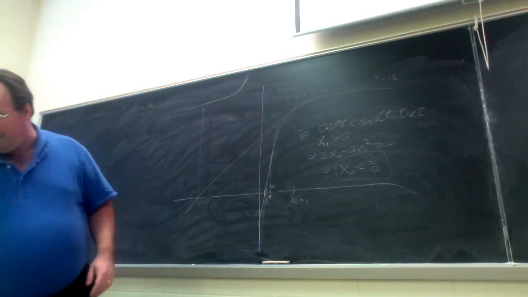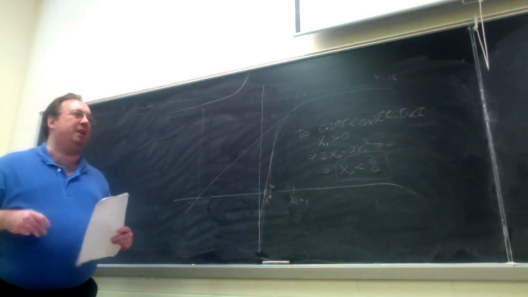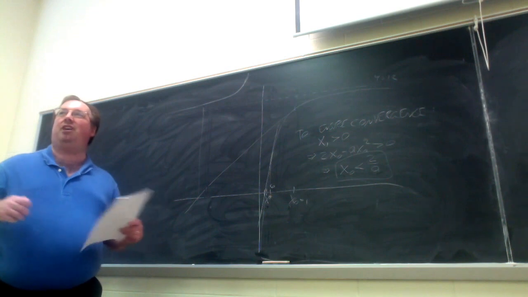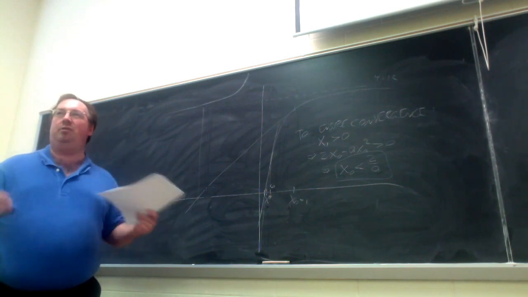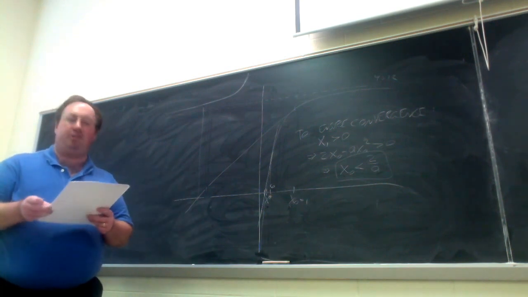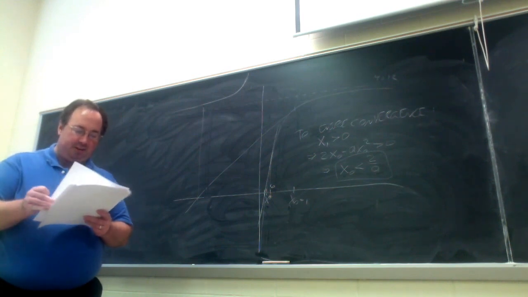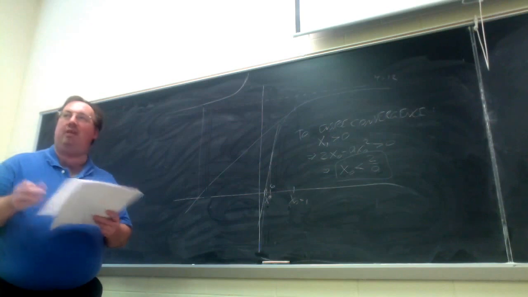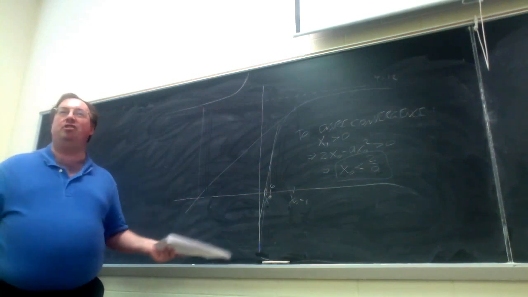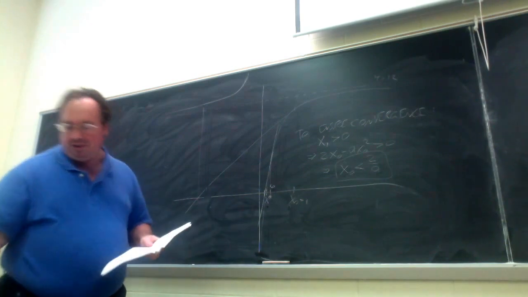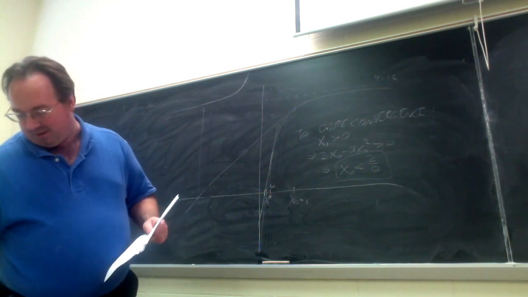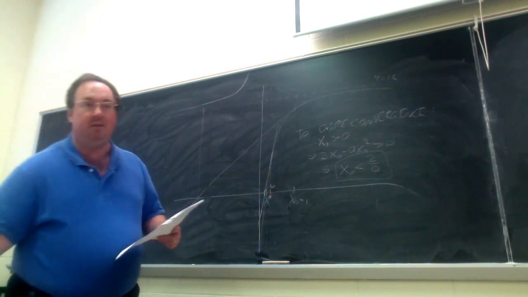So if you have a function that behaves very nicely like that, for instance, if it has constant concavity, always concave up or always concave down, you can actually prove, and I do have a theorem about this in the notes, that you can guarantee convergence over a really large interval. So it all just depends.